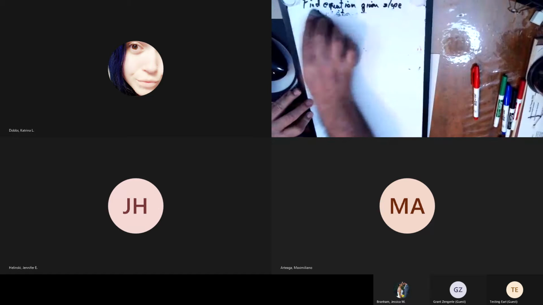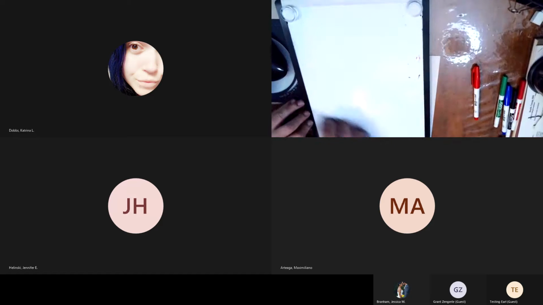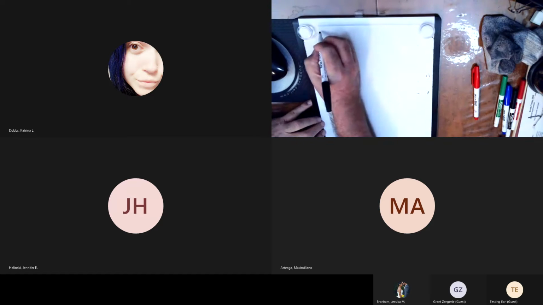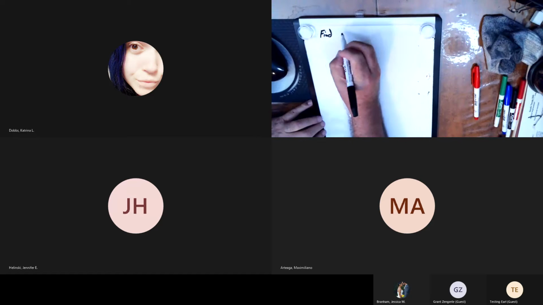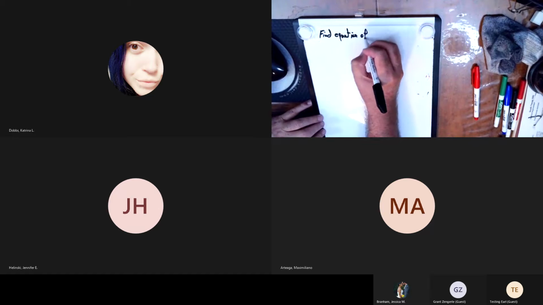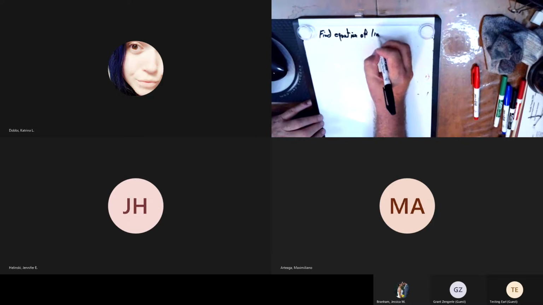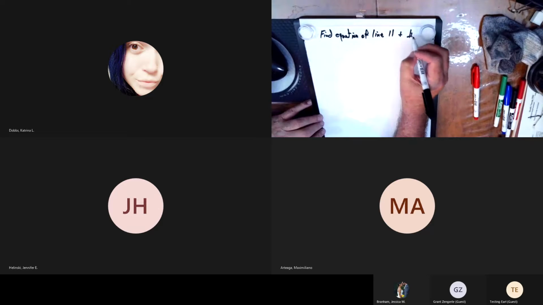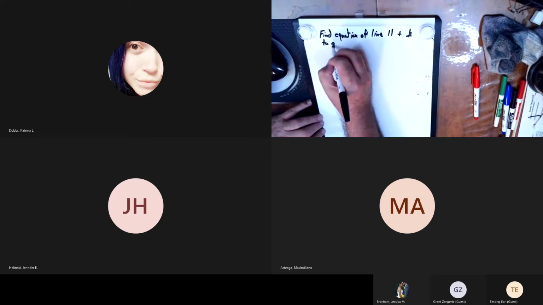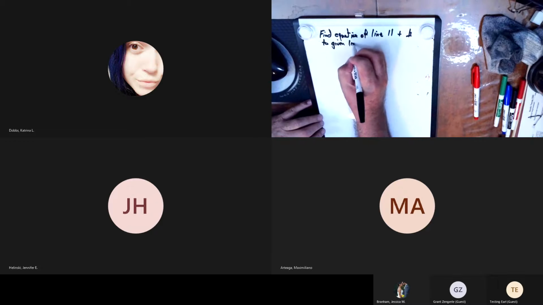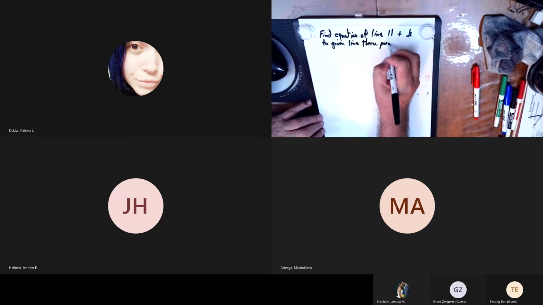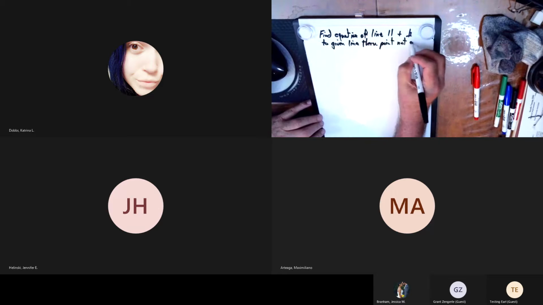All right, so find equation of line, I'm going to use some shorthand here, line parallel and perpendicular to given line through point not on line.